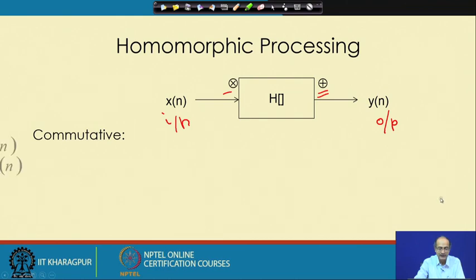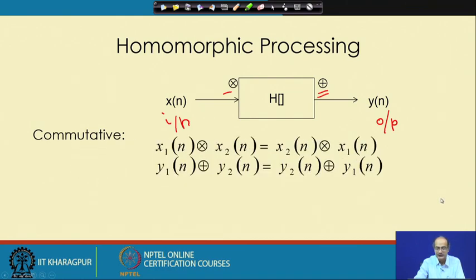Now, these operators also have some more properties. First is that they are commutative. Commutative means the order of operation can be changed. In real life, many things are not commutative. If you look at day to day tasks or operations, there are a lot of them that are not commutative in nature.